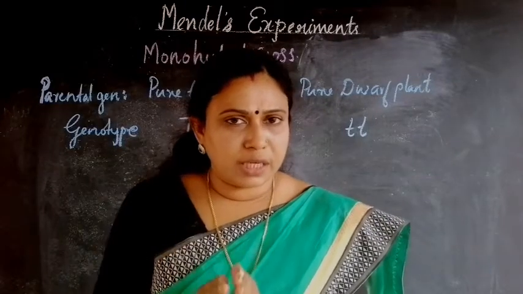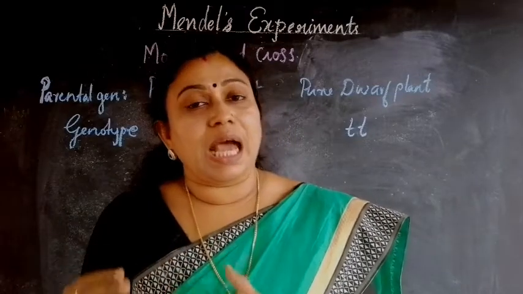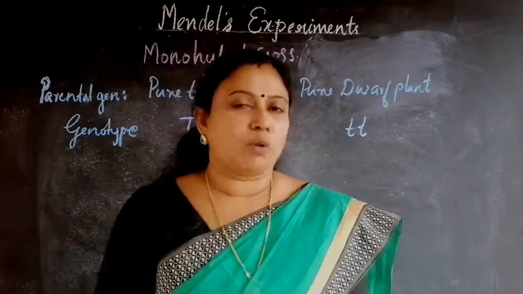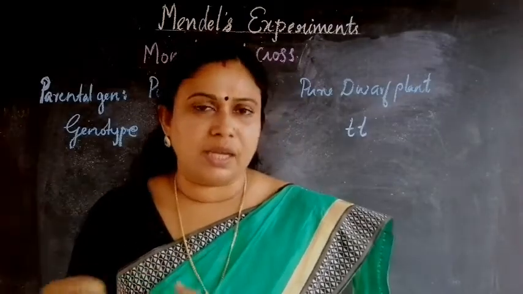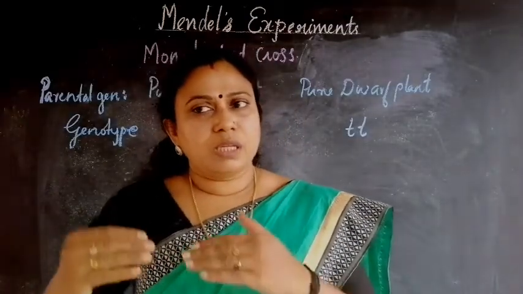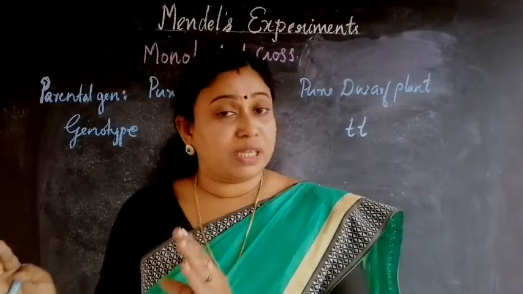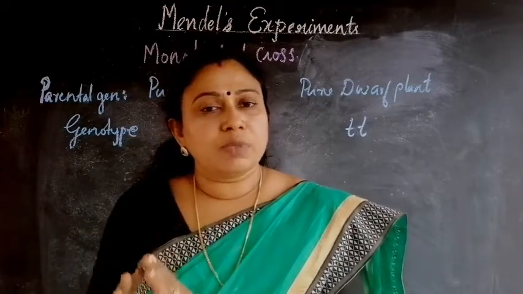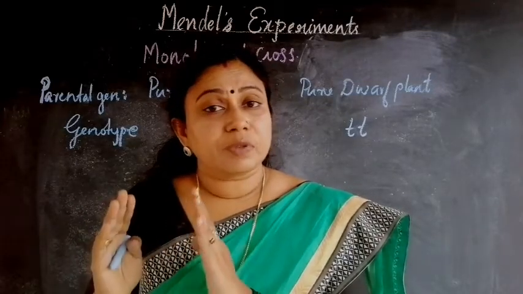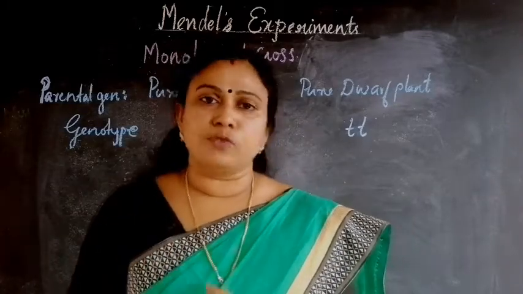So as a result of meiotic division, the gametes are produced, having only half the number of chromosomes. If 46 chromosomes are there, the gametes will have only 23 chromosomes. And when the male gamete and the female gamete, each having 23 chromosomes, fuse together, we get the 46 chromosomes, forming the 23 pairs of chromosomes.